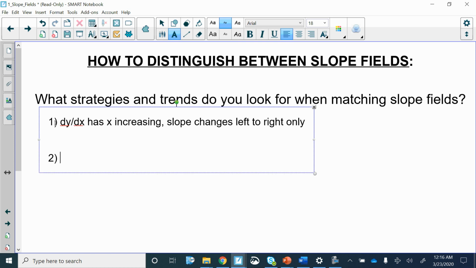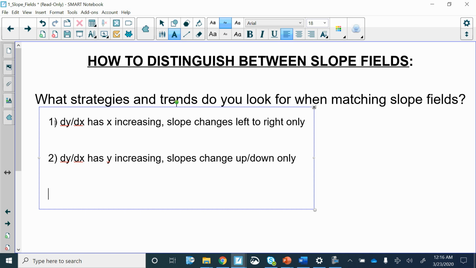So here, the second thing that we have, dy over dx, when it has y increasing, slopes will change up and down only.